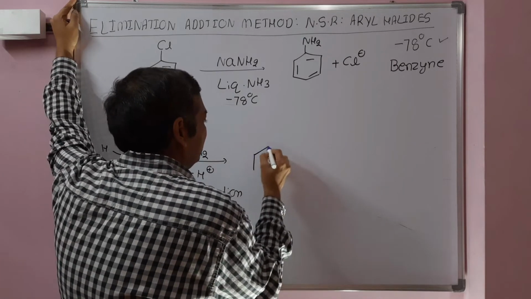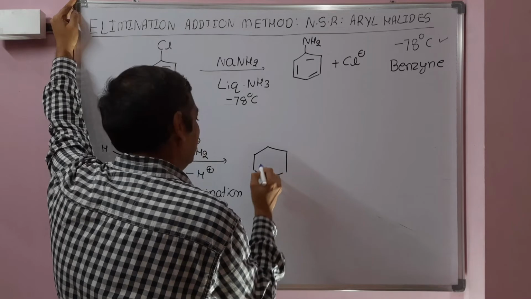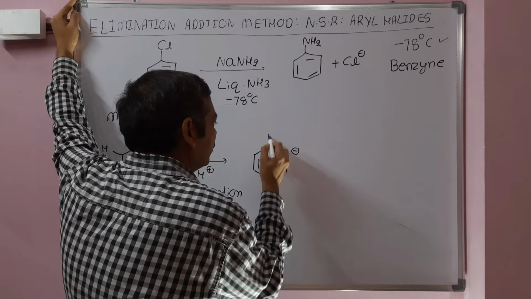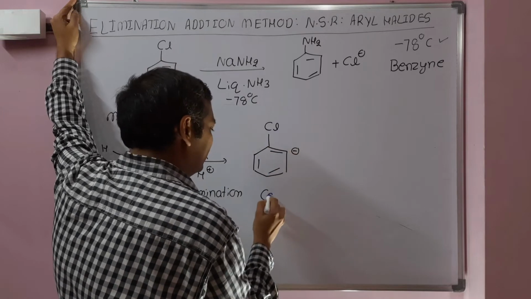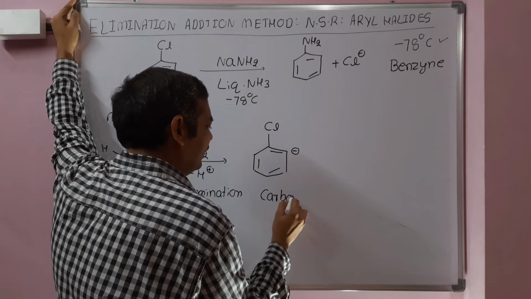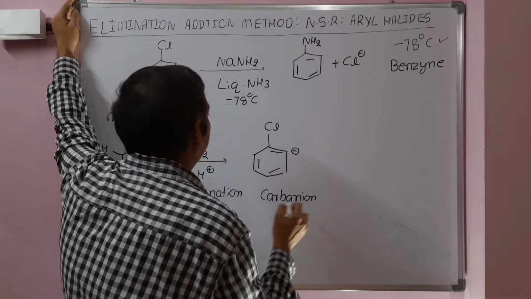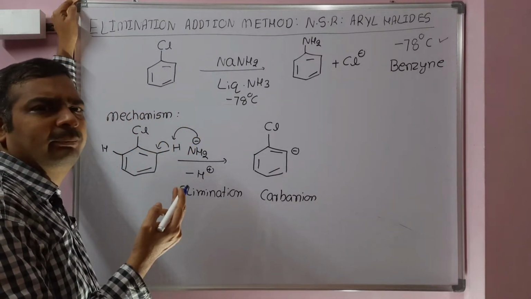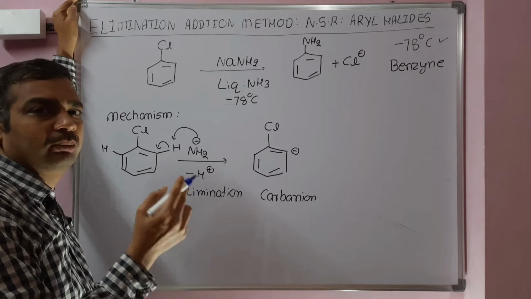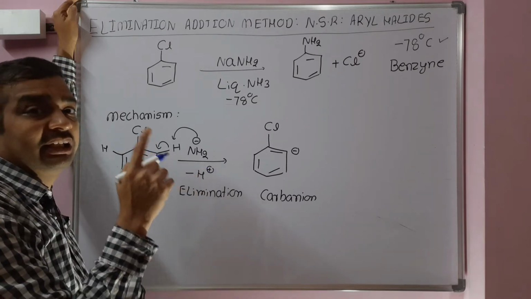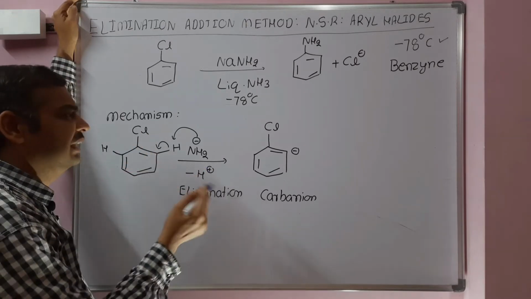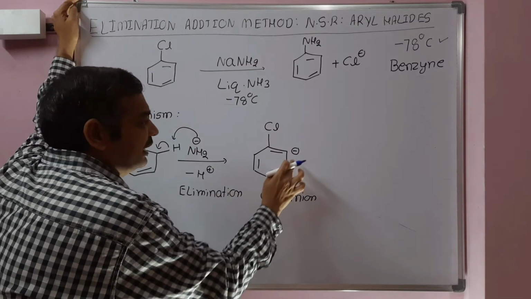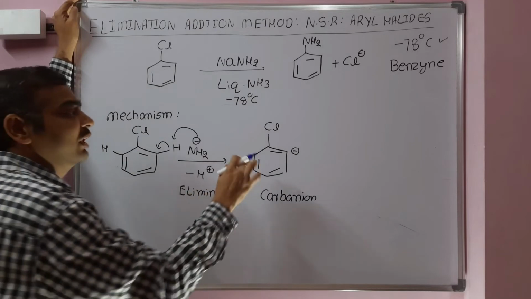After that, a carbanion intermediate is formed, a chloro carbanion. A carbanion intermediate is obtained in the elimination-addition method. The same kind of intermediate is obtained in addition-elimination also, but that is different: that is sp3 hybridized carbon. Here it is sp2, but there is no double bond at that carbanion, whereas here the carbanion is over the double bond.